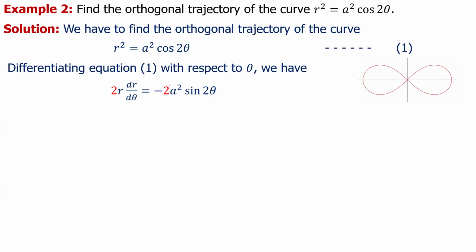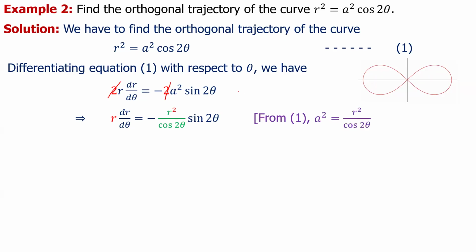So here the 2 and 2 will cancel, and now we have r times dr d theta, which is equal to a square times minus sine 2 theta. Let us call this equation number 2.